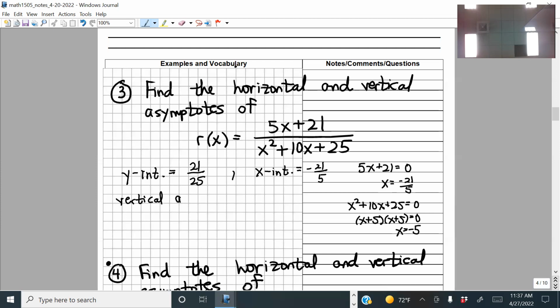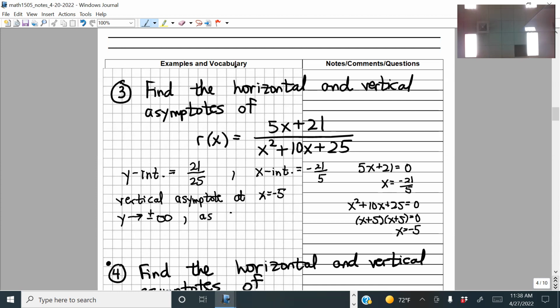So vertical asymptote at x equals -5. So what does that mean about the graph? That means what? Y is approaching what? Plus or minus infinity. We'll have to look at the graph and see which one it is, right?